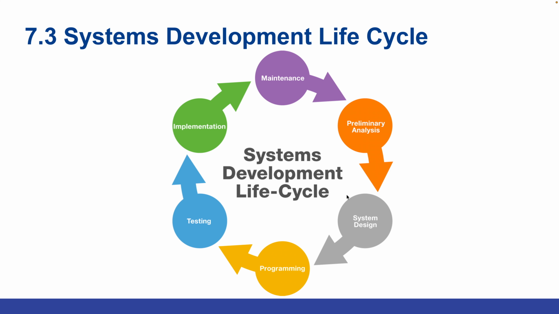So systems development actually undergoes different stages through its life cycle. It starts with the preliminary analysis to understand what needs to be done, what is the problem that we are trying to solve, and then understand the technical, financial, and operational feasibility of the solution.